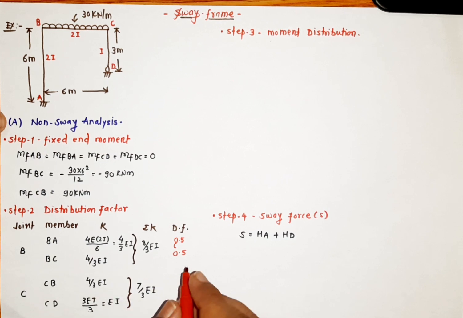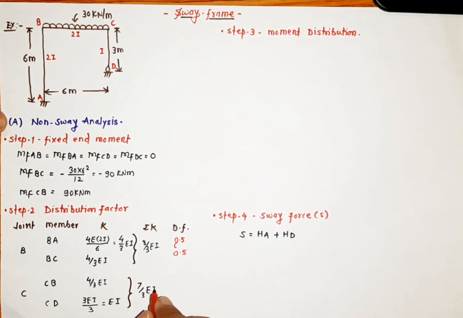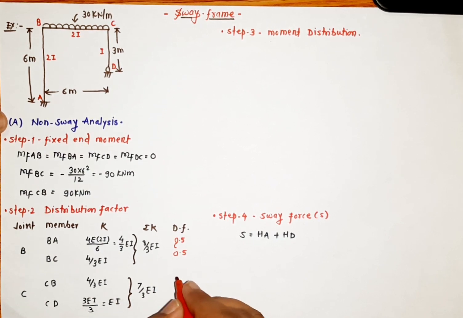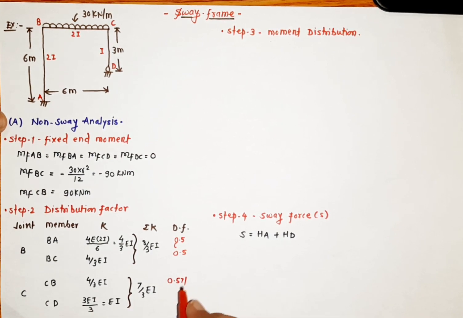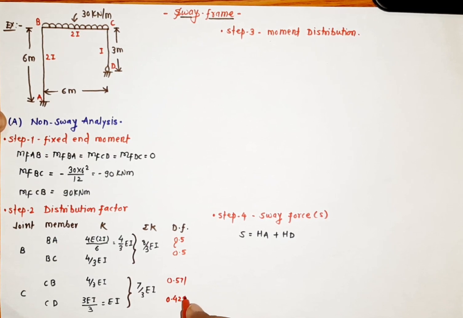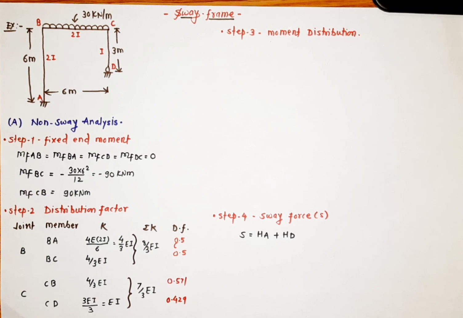For CB it will be 4 by 3 EI divided by 7 by 3 EI, which is 0.571, and again for CD, EI divided by 7 by 3 EI, it will be 0.429. Then our next step is moment distribution.